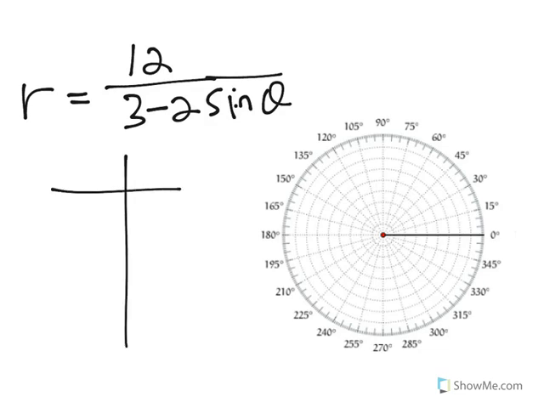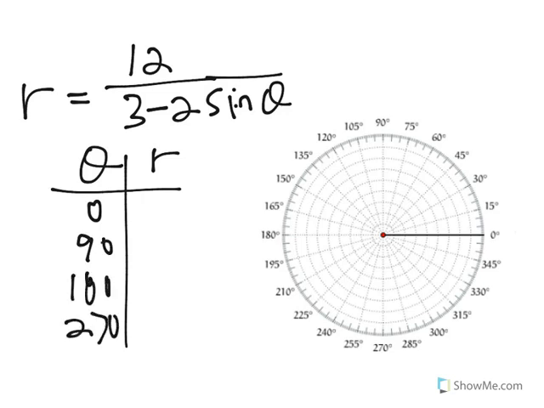If I were to make a theta and r chart and use the basic 4 angles, when I put 0 in, I'd get 12 over 3, which is 4. When I put 90 in, I get 3 minus 2 in the denominator, 12 over 1 is 12. 180, sine of 180 is 0 also, so that's back to 4.